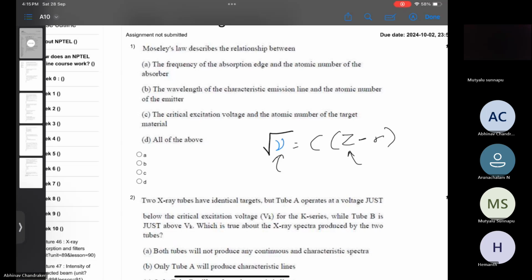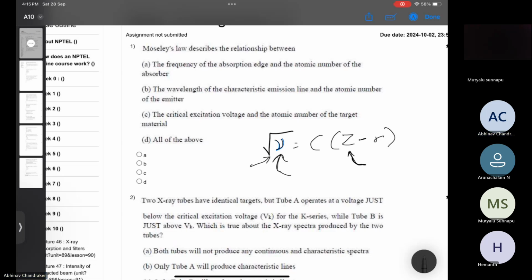We know that it describes the relationship between the atomic number of the material Z and the absorption edge for that material. That is the wavelength at which we will see the absorption edge in the mass absorption versus lambda plot. Basically, what it means is that we will require an X-ray of this frequency in order to remove electrons from the inner shell. For example, it could be the K shell, which is the first shell.